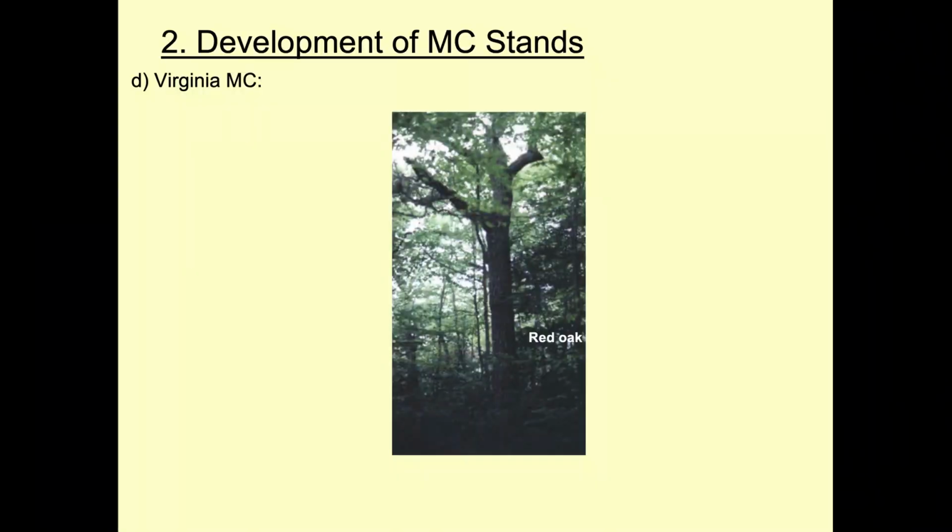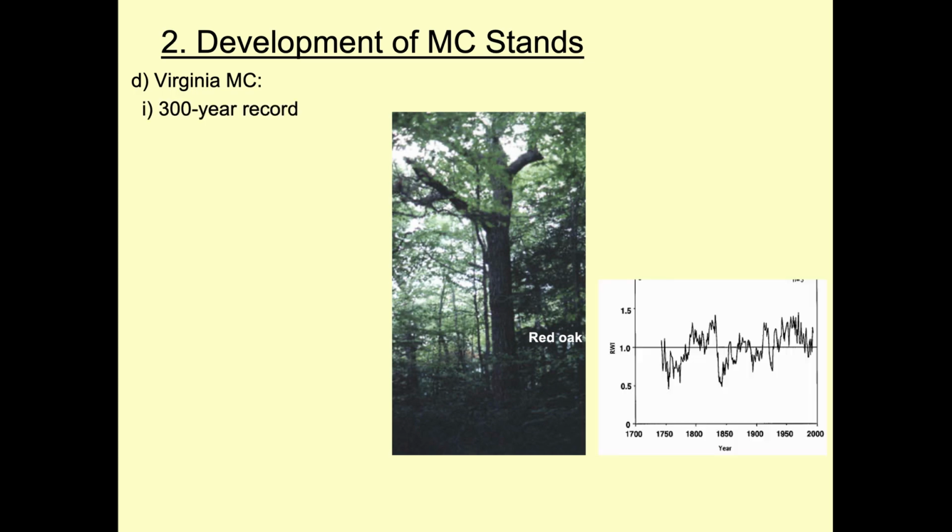So let's take a look at this multi-cohort stand in Virginia. Looking at this specific stand, researchers analyzed tree ring data. Looking at these data, they realized that there were 2 specific time periods in which the annual rings got wider than average for several decades, suggesting that something happened to the forests at that time.